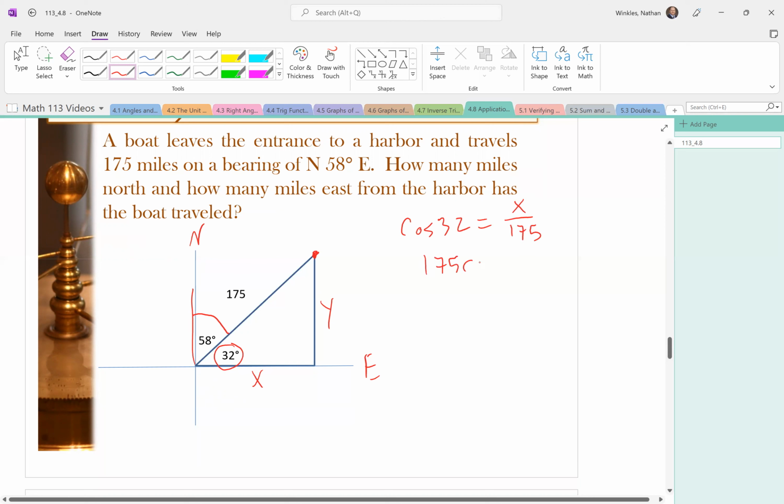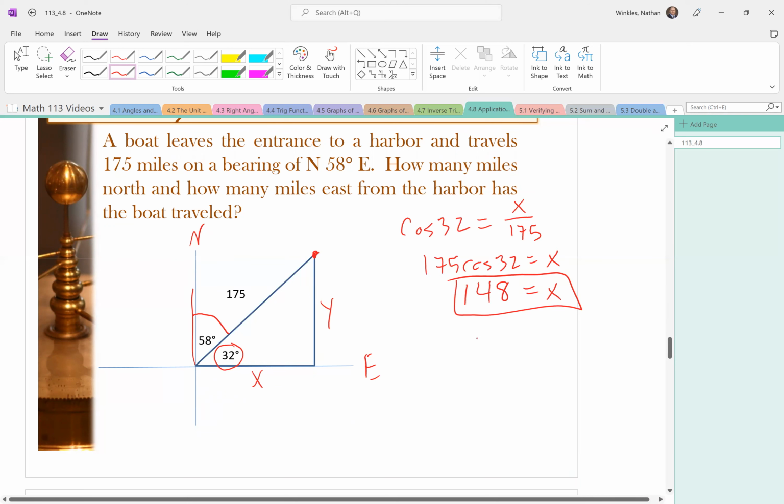So 175 cosine 32 is equal to X, which gives us 100, and it doesn't tell me what to round to, so I'm going to round it to the nearest whole number. So X is equal to about 148 miles.